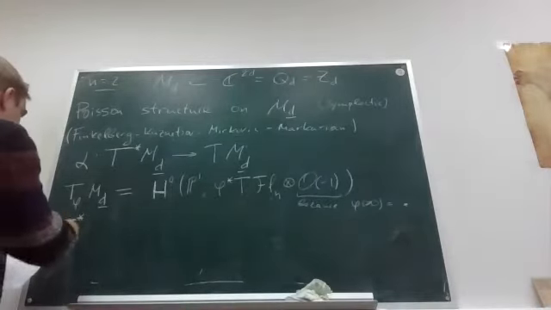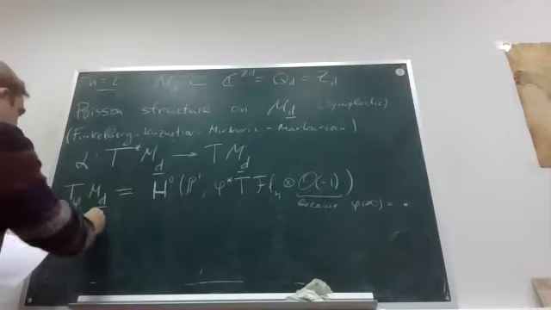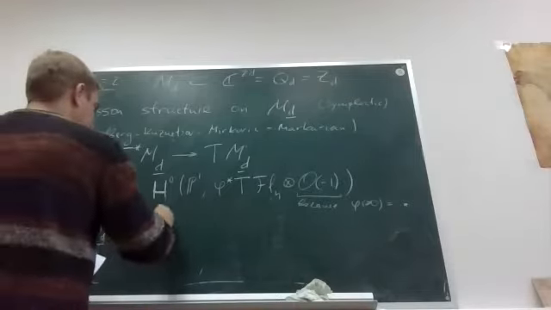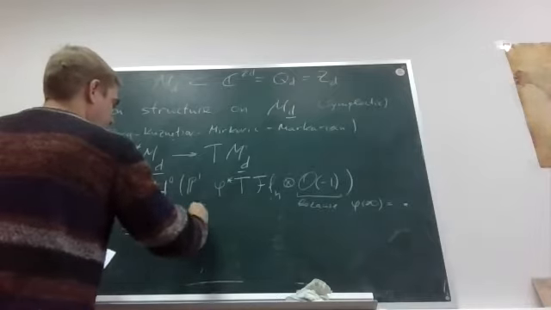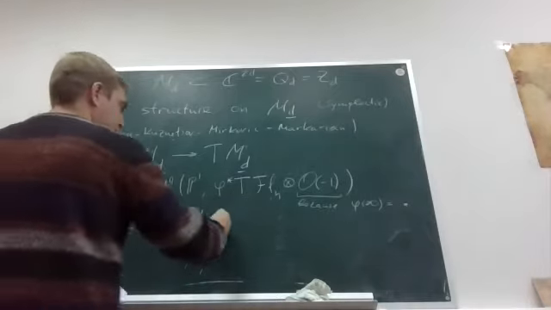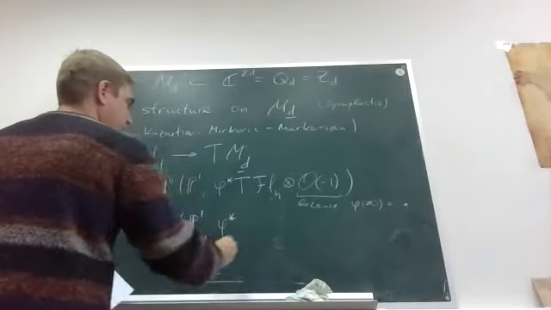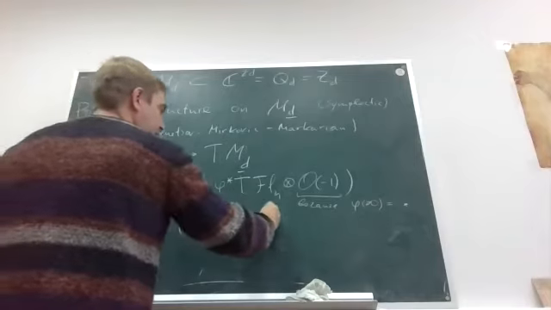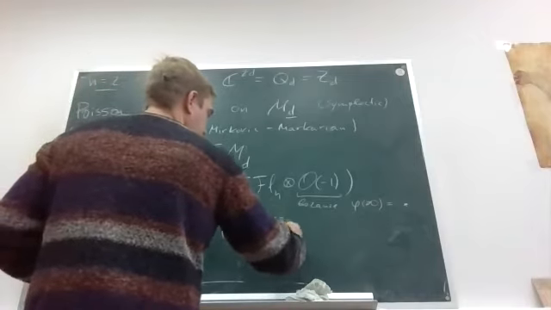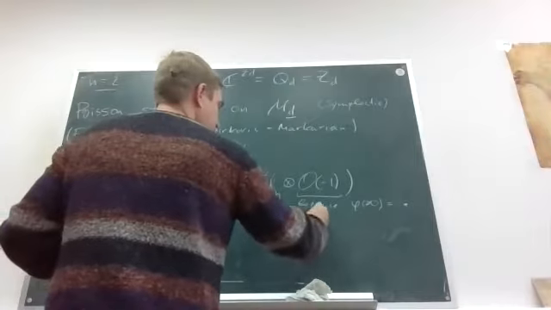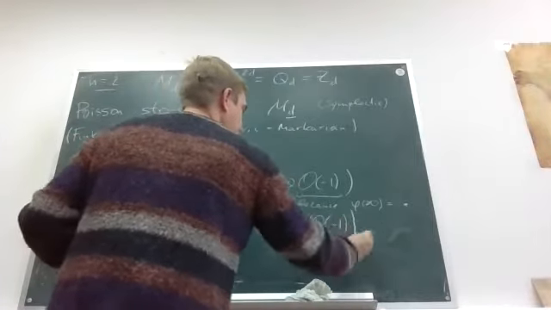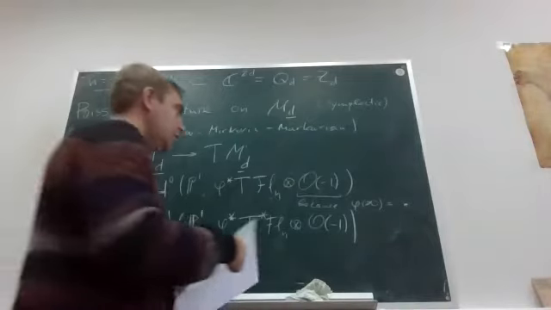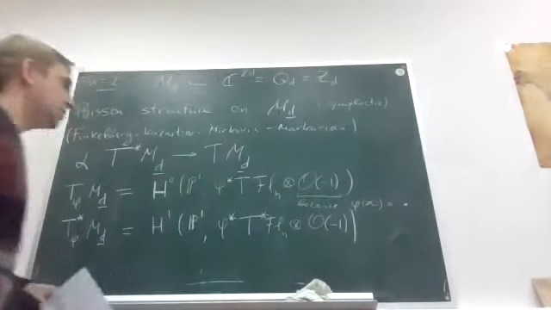So the cotangent space is the dual of this, so it is H1 of the pullback of the cotangent bundle of the flag variety, twisted by O of minus 1 again, by Serre duality.